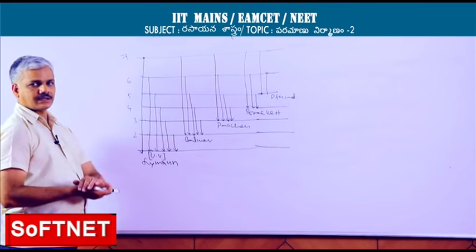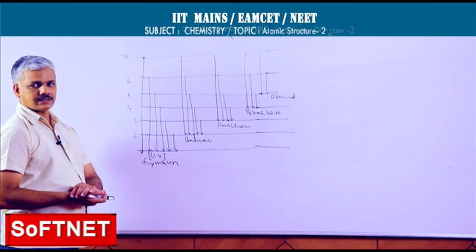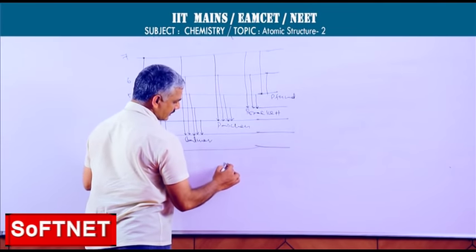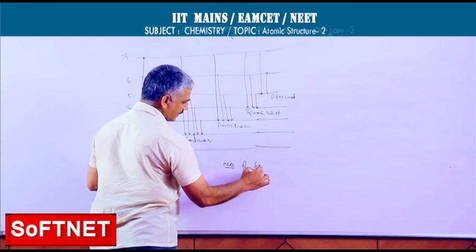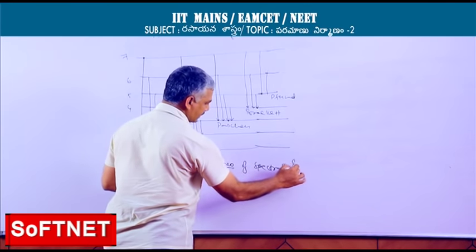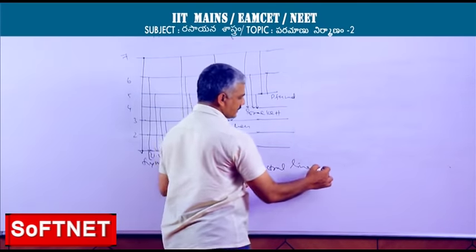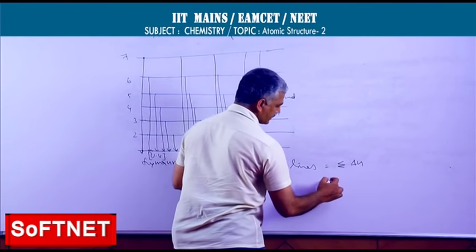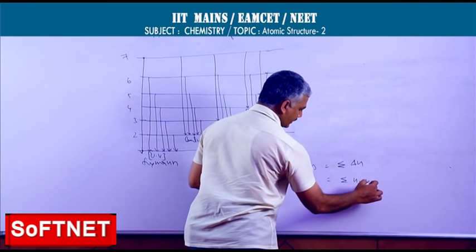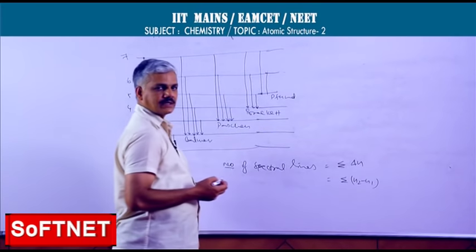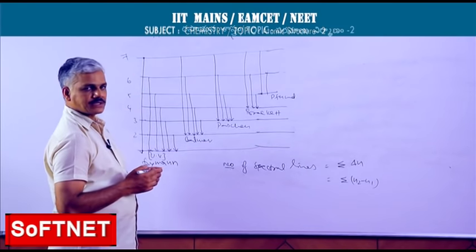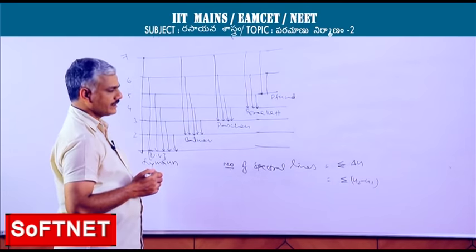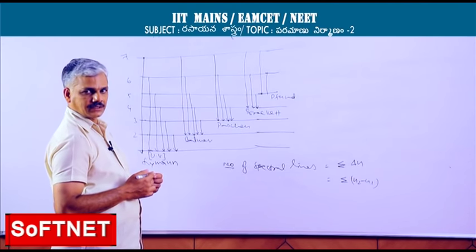Now, for a particular transition, how many spectral lines are possible? That you can calculate by using this relation. Number of spectral lines observed is equal to sigma delta n, that is sigma (n2 minus n1). n1 stands for the lower orbit number, n2 stands for the higher orbit number between which an electronic transition takes place.